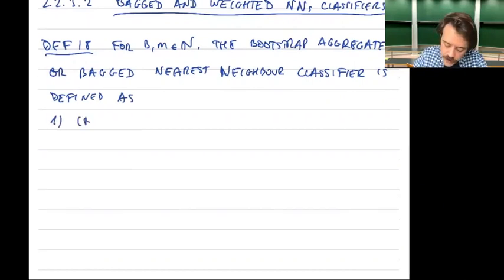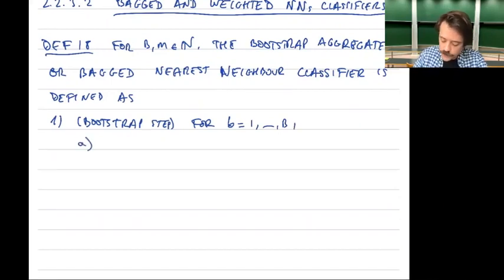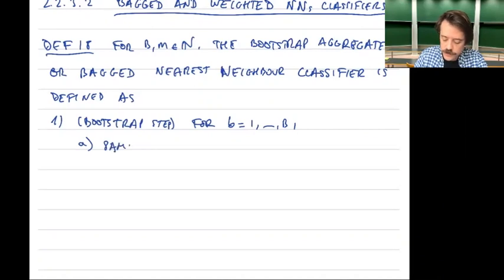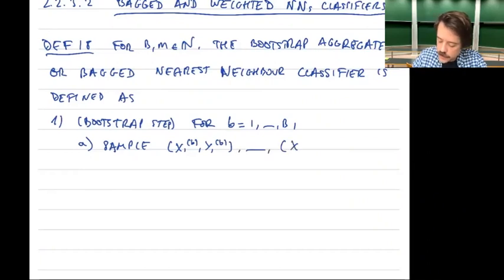So we have the bootstrap step, in which for lowercase b from 1 to the uppercase B, we're going to first of all sample some data points that we index by this lowercase b. We're going to have m of them.